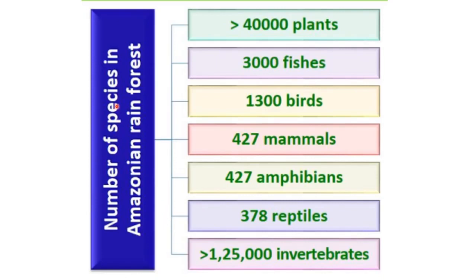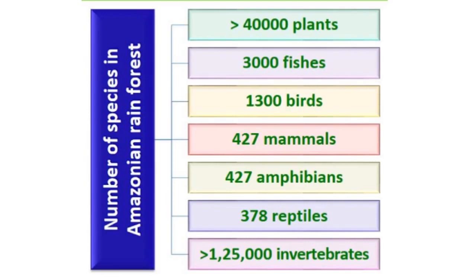More than 40,000 species of plants are present in these forests. 30,000 species of fishes are present here. 1,300 bird species and 427 mammal species are present in Amazon rainforest. 427 amphibian species are present here. 378 reptiles are present here, and more than 1,25,000 invertebrate species are found in Amazon rainforest.